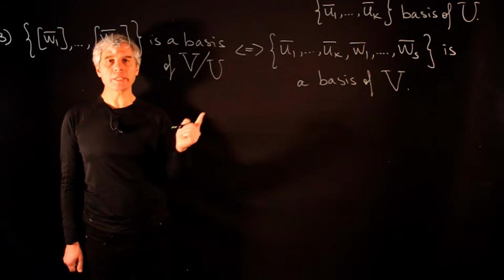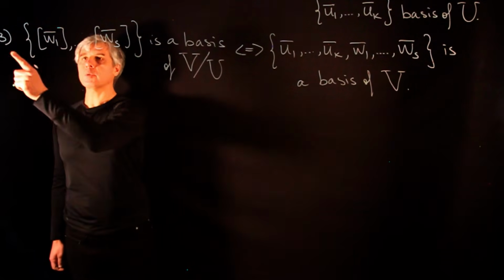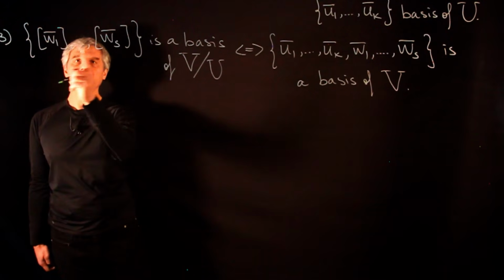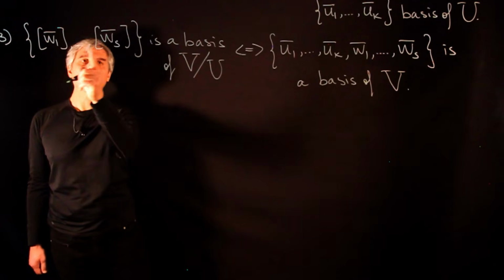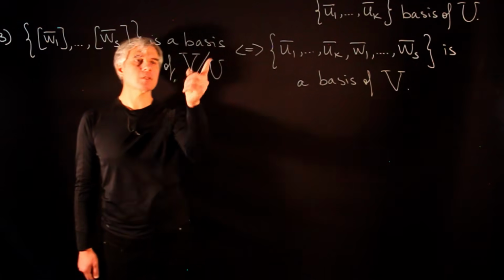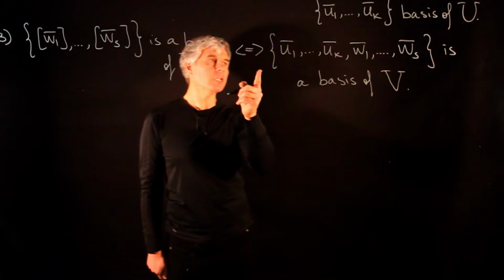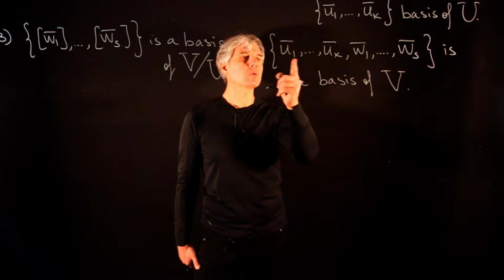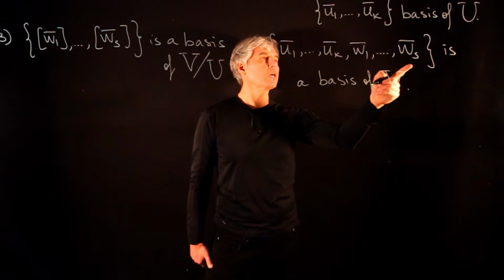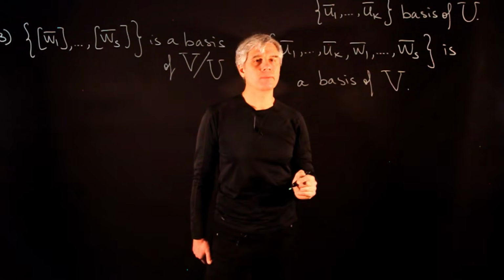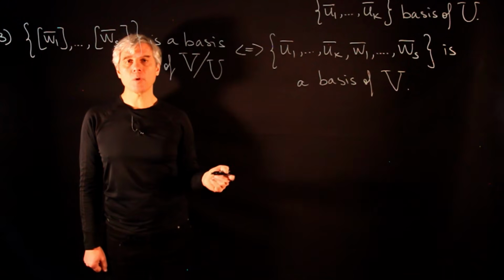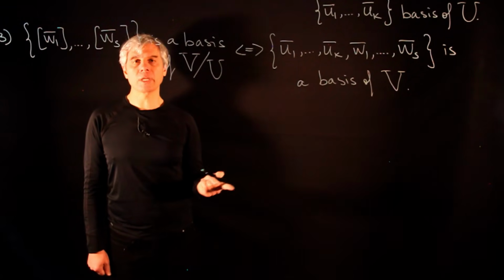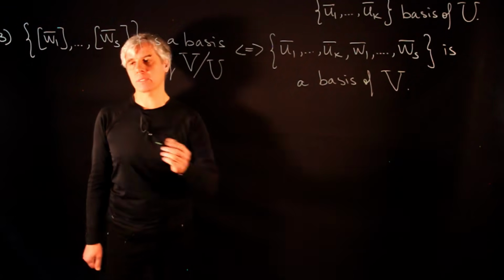Combining properties 1 and 2, we immediately obtain property 3, that the set of equivalence classes W1 through WS is a basis of the quotient space if and only if the combined set U1 through UK, W1 through WS is a basis of V. Now we can use this property to show the relationship between quotient spaces and direct sums.